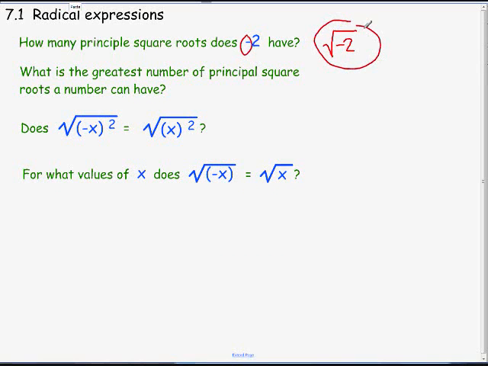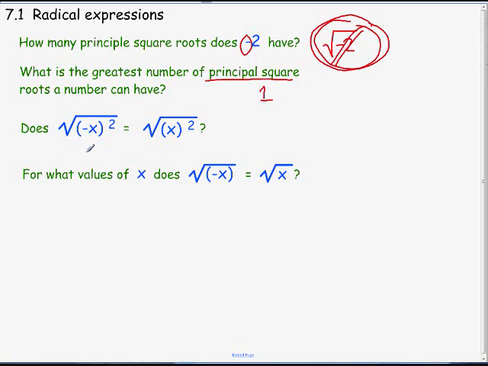We've got a negative number. We are not going to take the square root of a negative number. No. What is the greatest number of principal square roots a number can have? Principal square roots? How many positive square roots can a number have? 1. It has 1 principal and 1 negative.